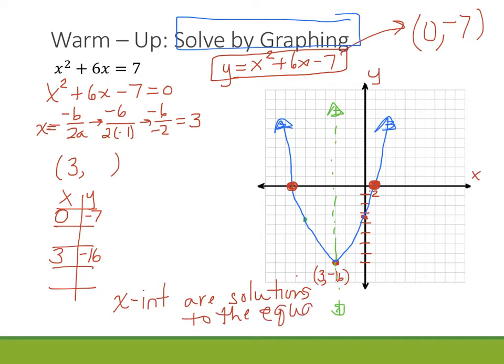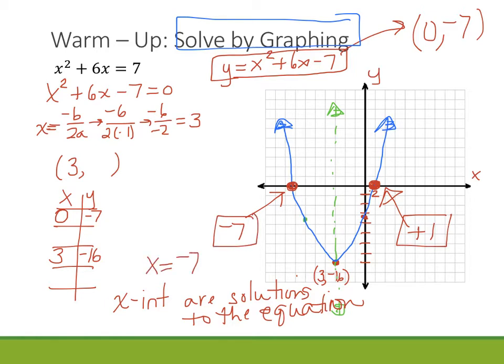So where does this function cross the x-axis? Well, as it turns out, this point here is negative 7, and this point is positive 1. So my two solutions are x equals negative 7 or x equals positive 1.